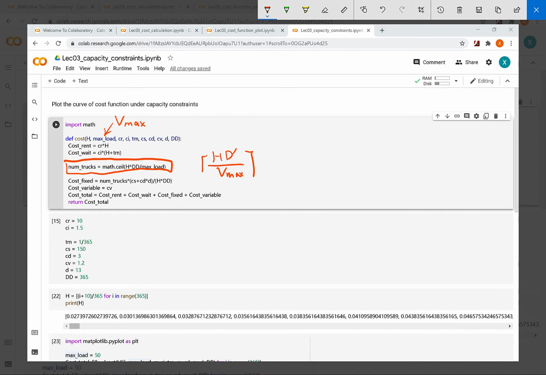We use the ceiling function in math, so we import the math package. After we calculate the number of trucks, we adjust the fixed cost by multiplying it by the number of trucks. This gives us the total cost under this capacity constraint.